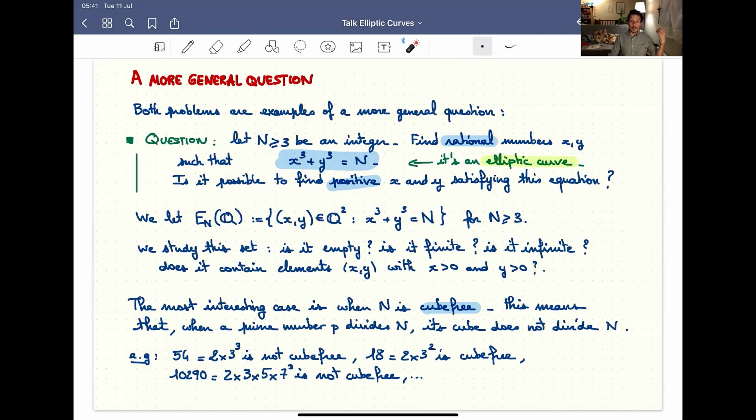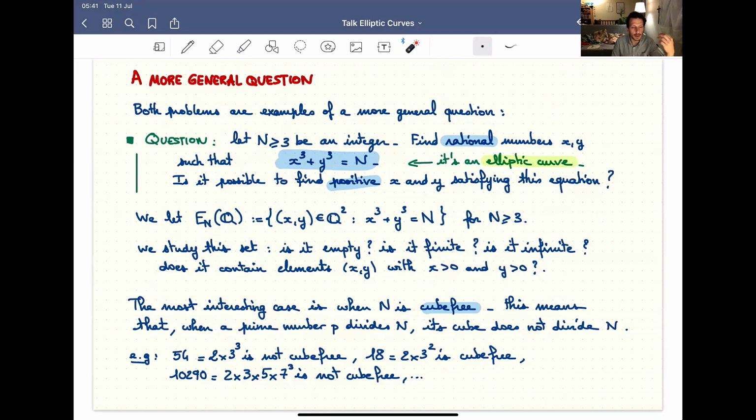It means that when you write the decomposition of n as a product of prime factors, each prime appears at most twice. So whenever a prime number p divides n, maybe p squared divides n, but p cubed doesn't divide n. This is the restriction we're making.